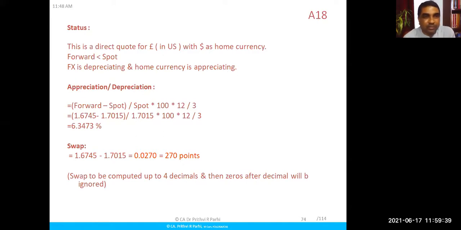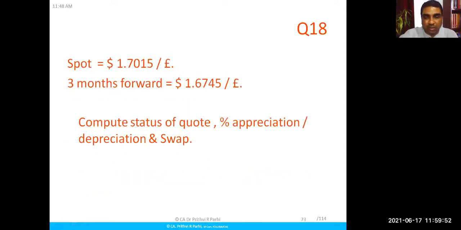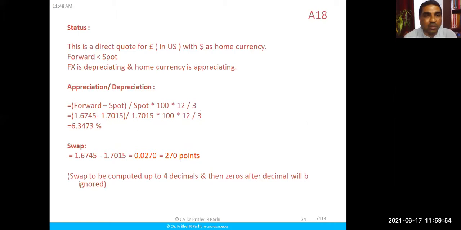This is a direct quote for pound. Pound is the commodity, in the US with dollar as home currency. That means it is a direct quote for an American.